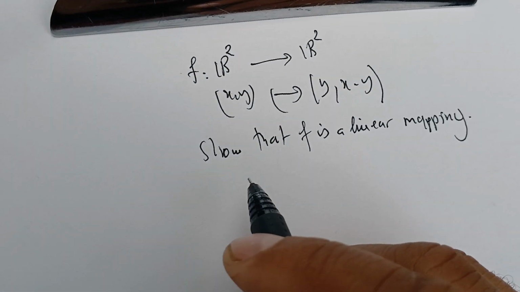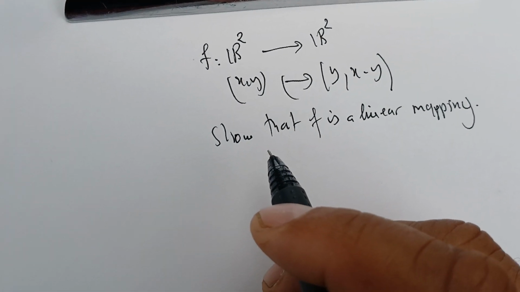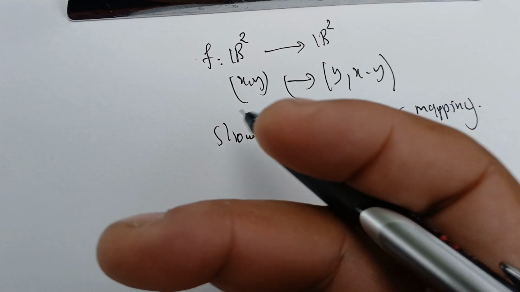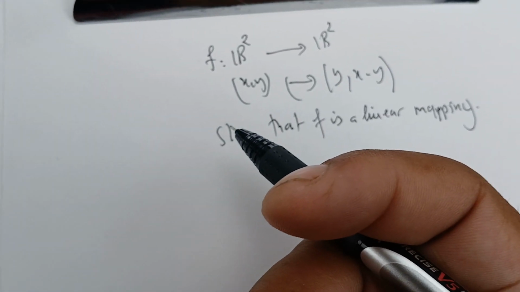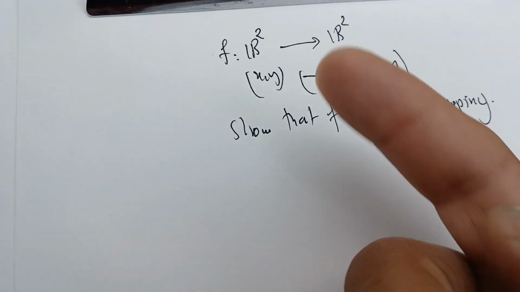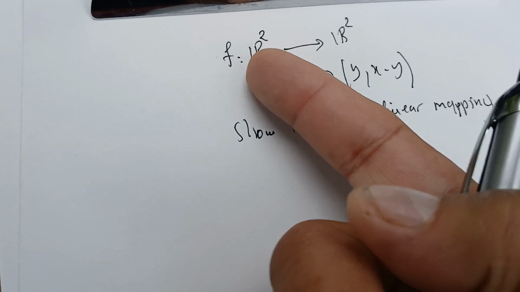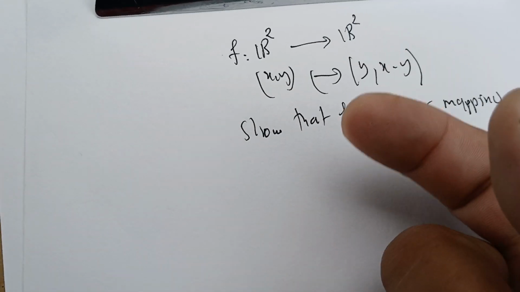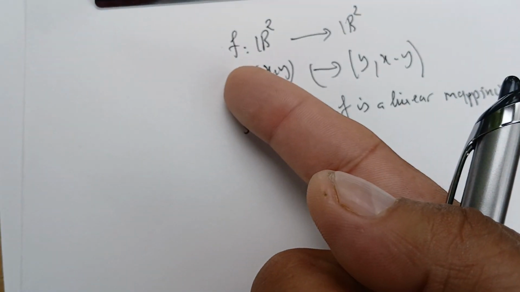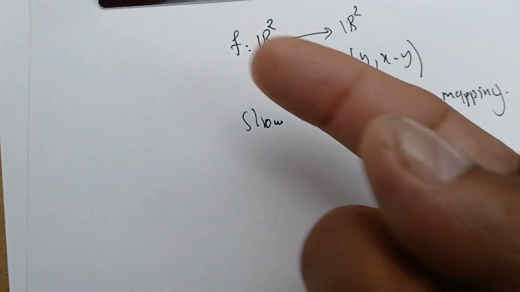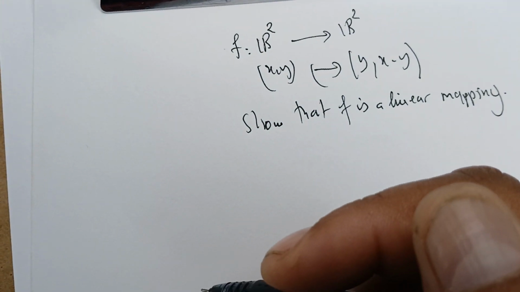Okay. To do that, we want to take any combination of two vectors in R² and show that their image under f is a linear combination of the images of these two vectors.